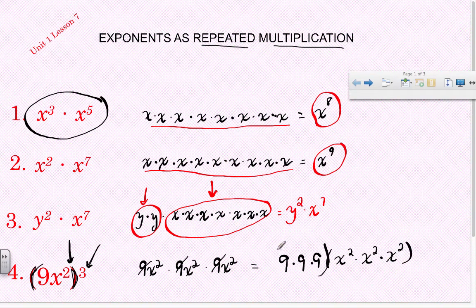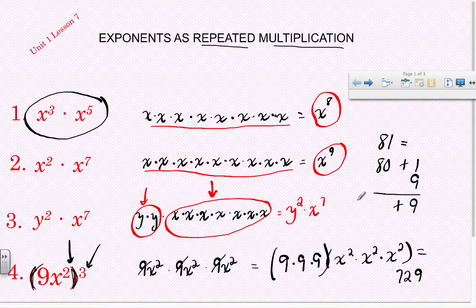All right, so if I multiply finally, 9 times 9 is 81. 81 times 9 is 729. Remember how I do that? I took 81 and I broke it down into 80 plus 1, and then I multiplied by 9. So I got 9 plus 720, and that's how I got 729.